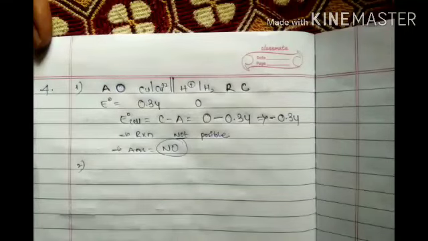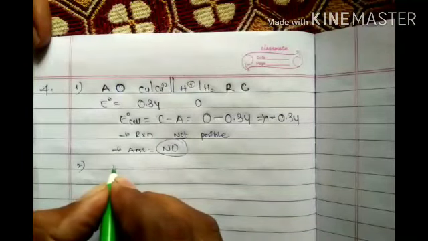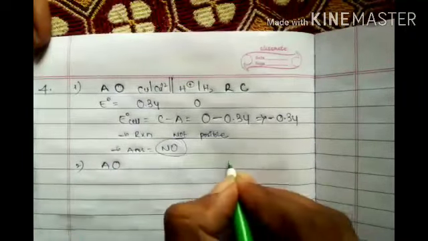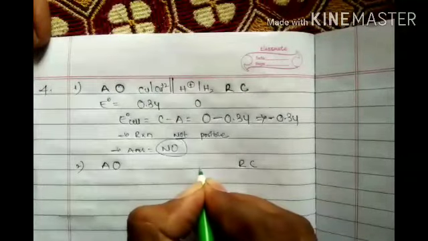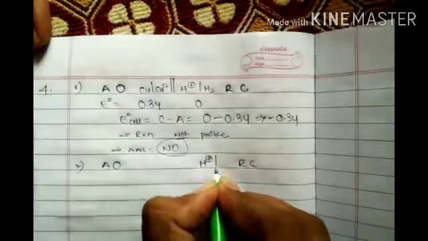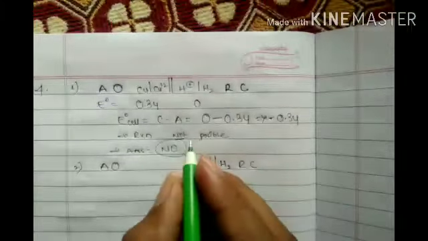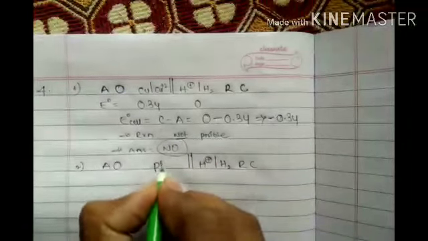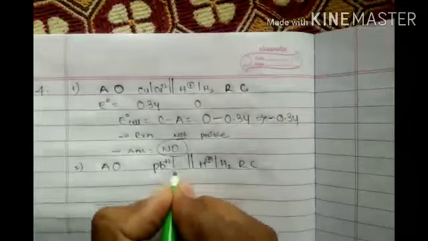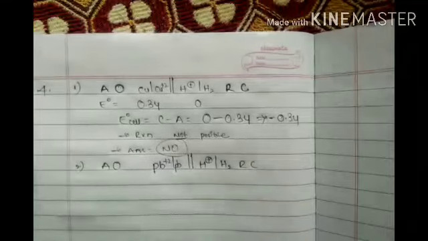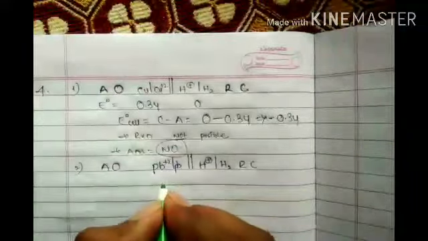Question number 2. Lead. Now same AORC, H plus you take and H2 also you take, salt bridge you take, lead you take. Lead what we have to take? Pb plus 2, Pb. So cathode minus anode. Lead how much they given?